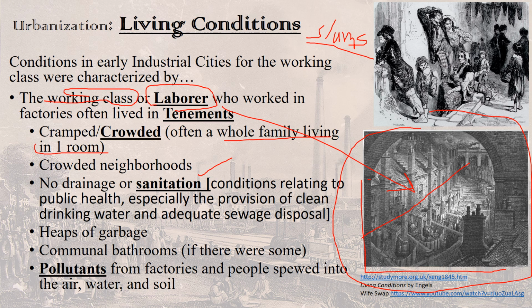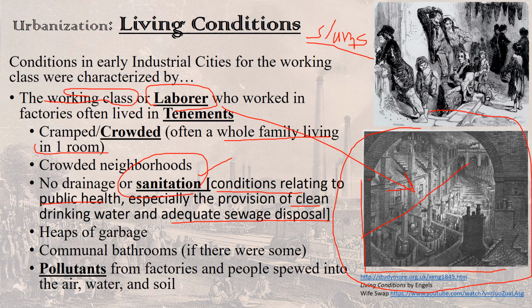And sanitation is a tricky term. It gets thrown around a lot on the Regents. So it's conditions relating to public health, especially clean drinking water and adequate sewage disposal. That's what sanitation is. You want good sanitation, because that's going to reduce the likelihood of people getting sick.